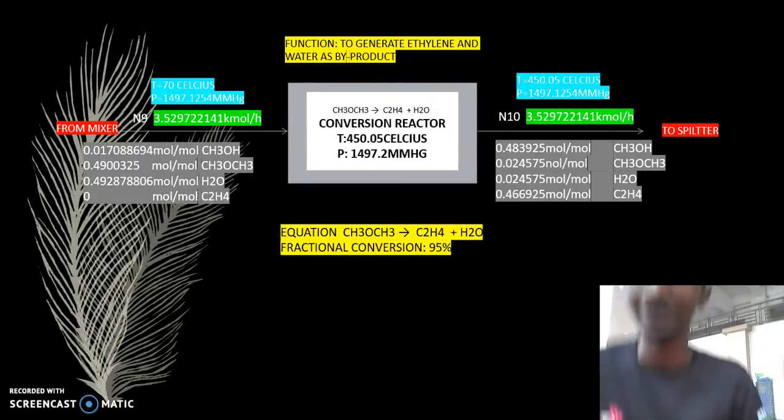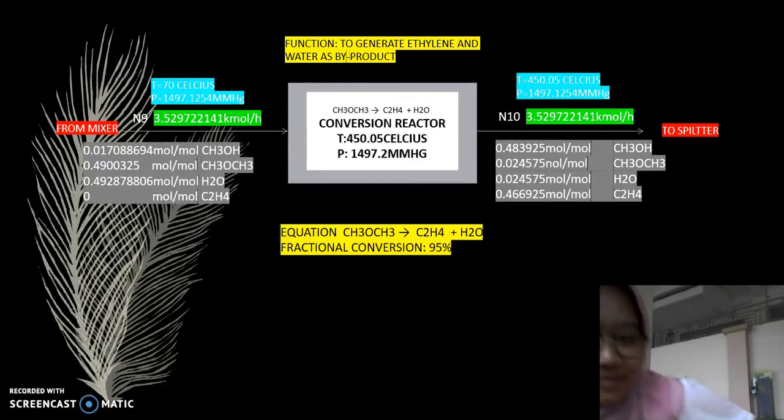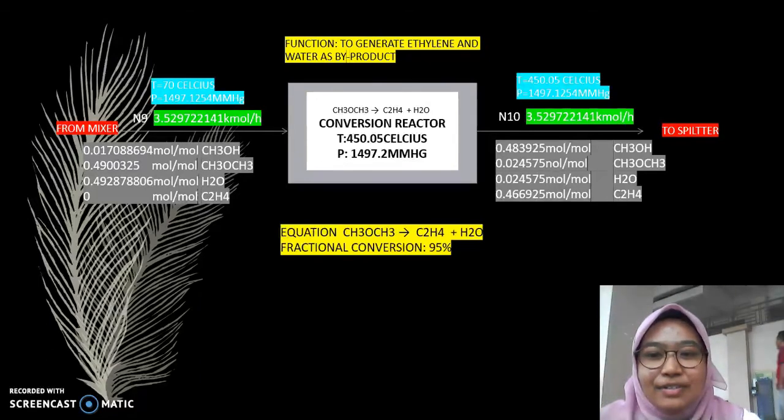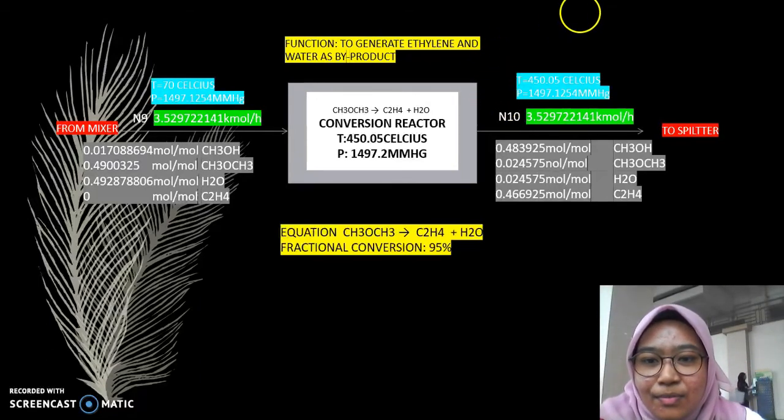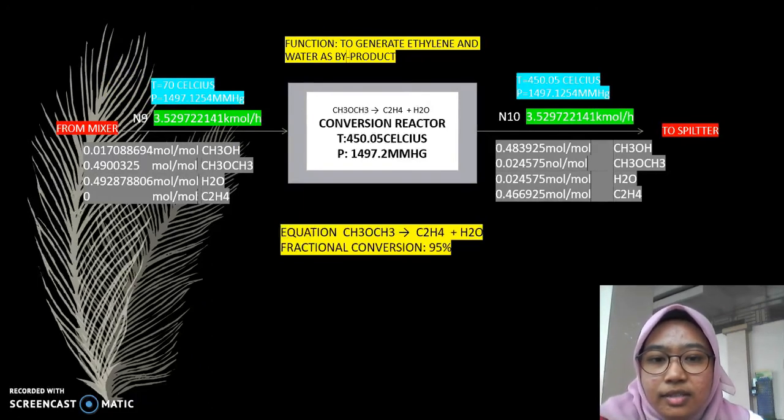Next will be the conversion reactor. Okay, moving on to the next unit. From the previous mixer, the molar flow rate is 3.529 kmol per hour, and the temperature is 70 Celsius. In the conversion reactor, the function is basically to generate ethylene and water as byproducts.